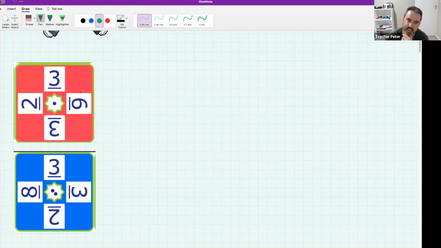So the red one is a 6, a 3, a 2, and a 3. Which one of those do you think is correct? Can you make 24 with any of these?